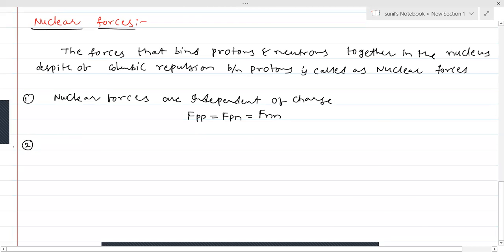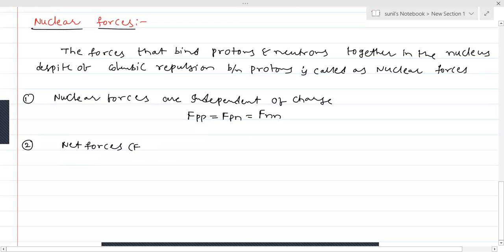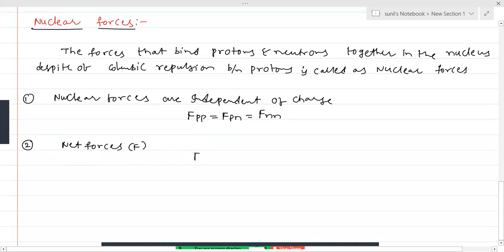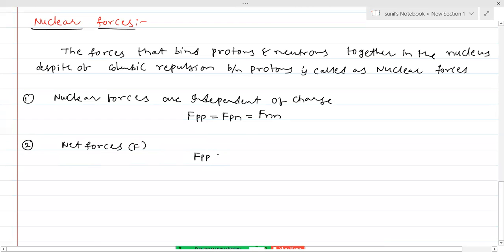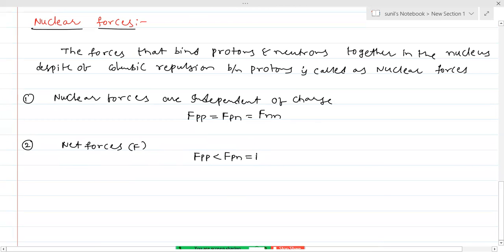Suppose after taking the Coulomb forces also into consideration, the net force is F. So we know that the proton-proton force is less than proton-neutron, which is also equivalent to neutron-neutron, because in the proton-proton case we have two forces, one attractive force and one repulsive force.